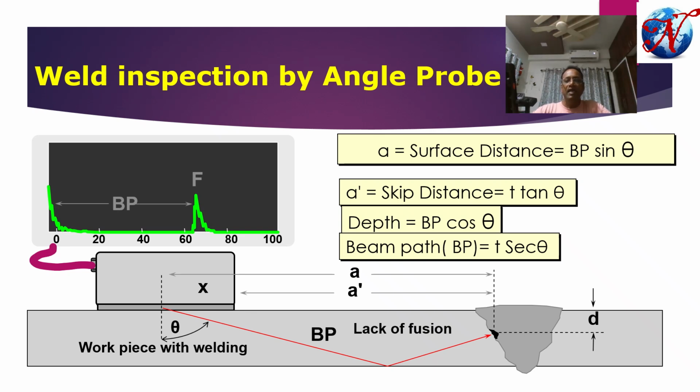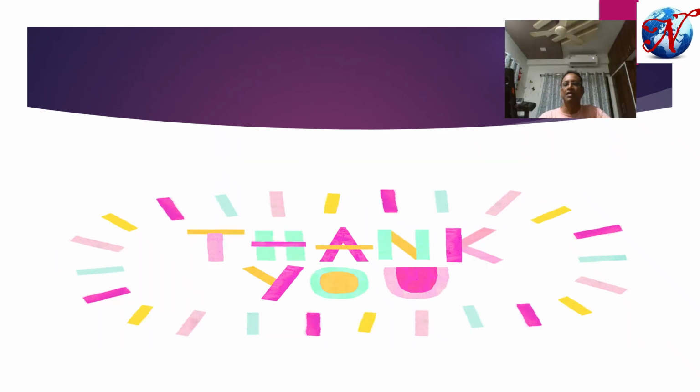When any echo or reflector is under the gate, all the calculated values of surface distance, depth, and beam path will be calculated by the machine itself. Ultimately, according to that data, we can easily analyze where the reflector is. So 50% of interpretation is carried out for the identification of the defect from these three numerical values.